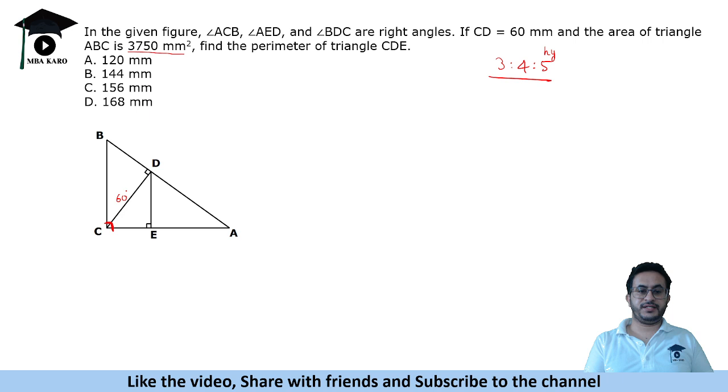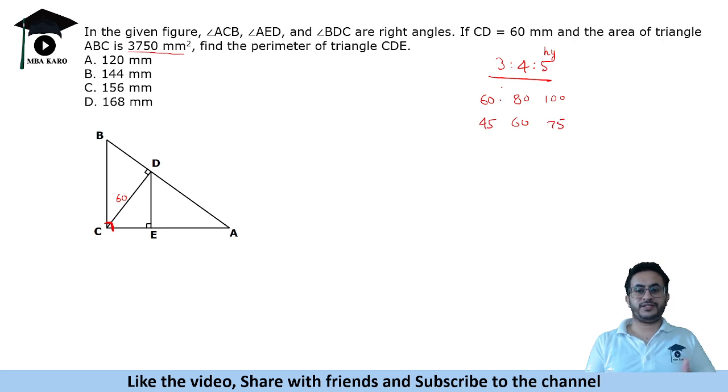This is 60, so there is a possibility that this can be the third ratio or the fourth ratio also. Let's take this triangle as 60, 80, 100, or if we take 60 here, it will be 45, 60 and 75.